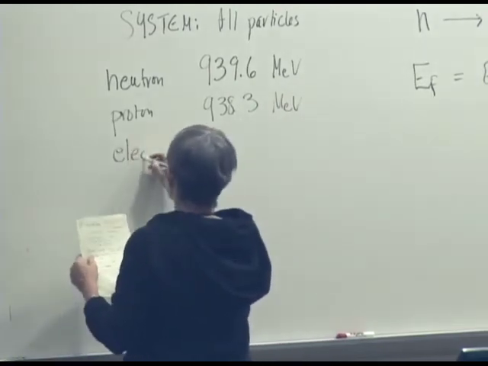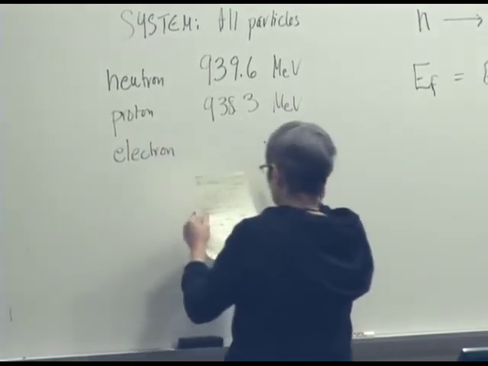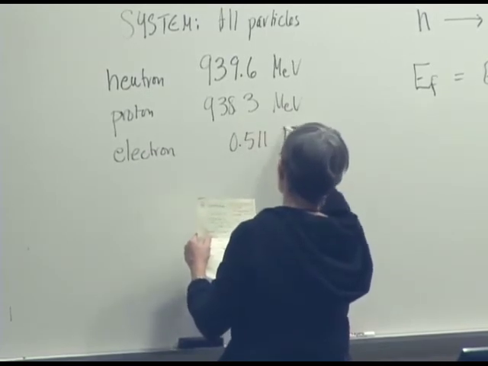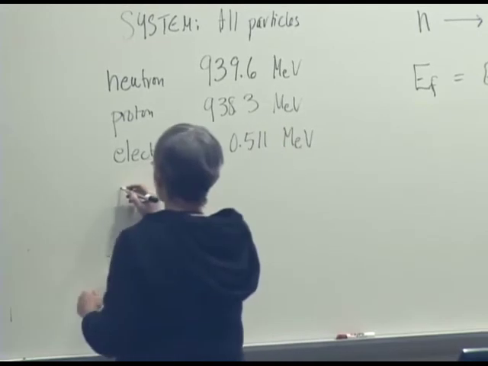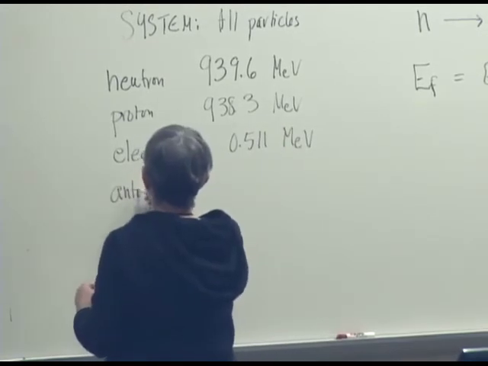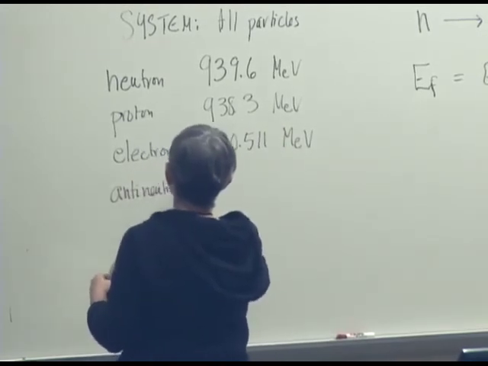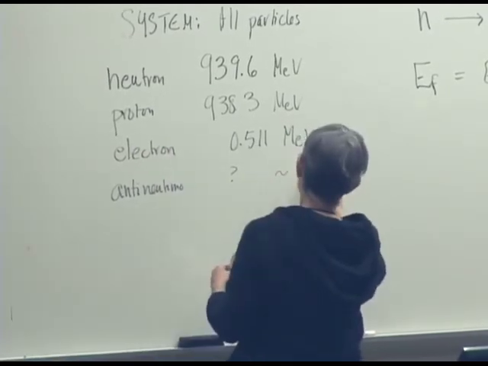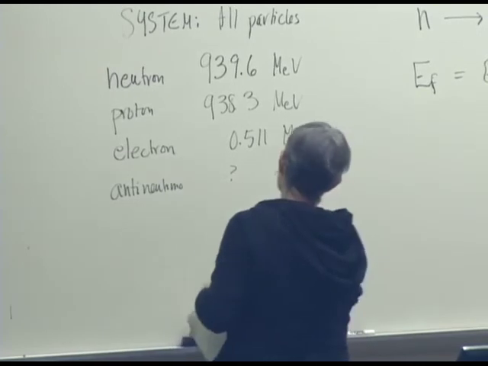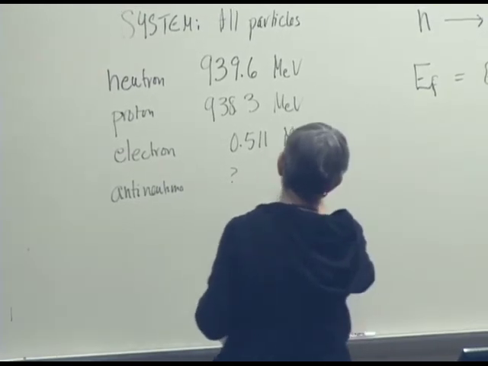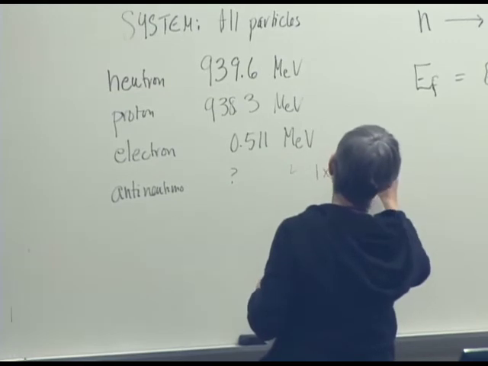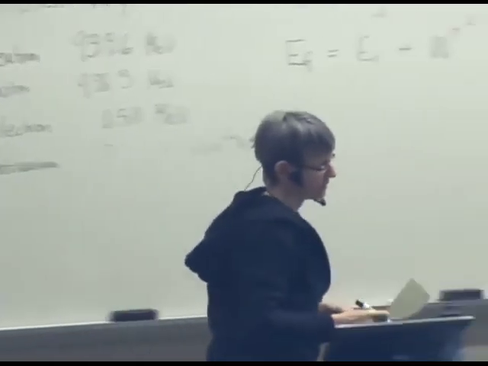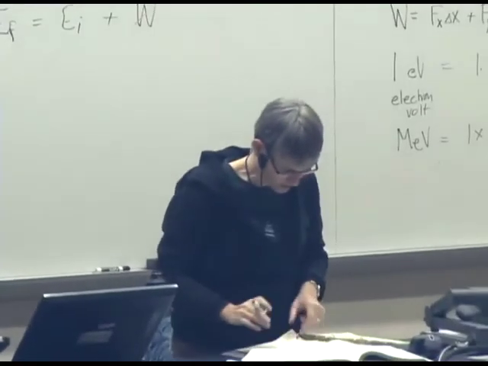And the rest energy of an electron is very much less, 0.511 million electron volts. And the antineutrino, we're not really sure. It's probably something on the order of 1 electron volt, so that makes it something like 1 times 10 to the negative 6 million electron volts. That's not enough to make a big difference here, but its kinetic energy can be significant.